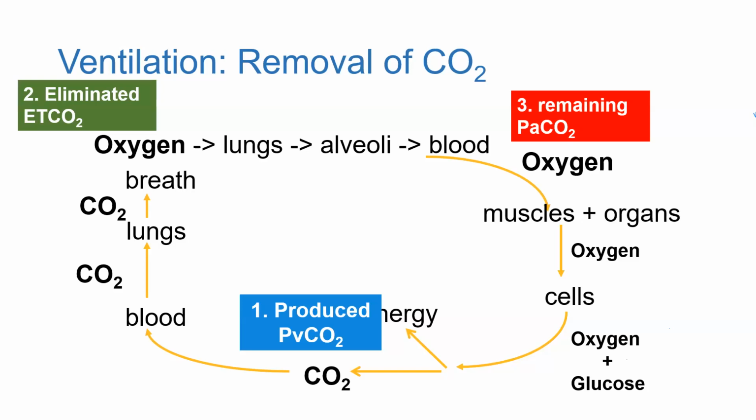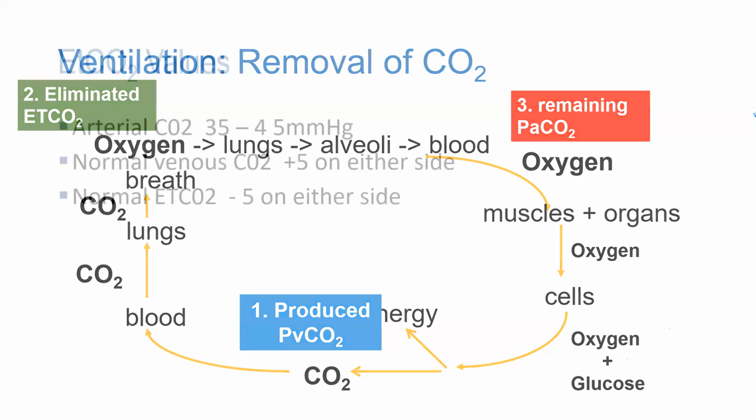And that's why with hypoventilation, your CO2 goes up. With hyperventilation, you're breathing fast, you're clearing less CO2 per breath, but over a minute's period of time, you're clearing a lot of CO2 because you're breathing fast. So your end-tidal CO2 goes down.